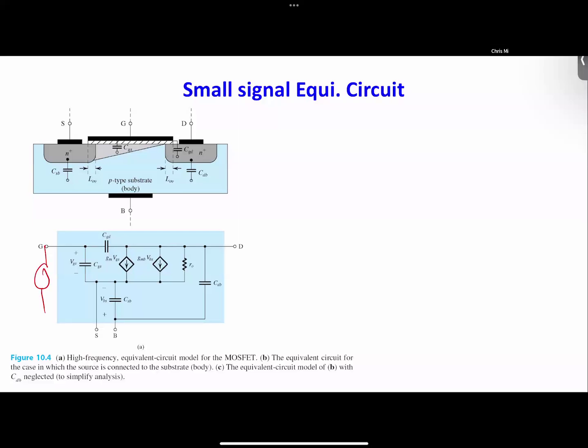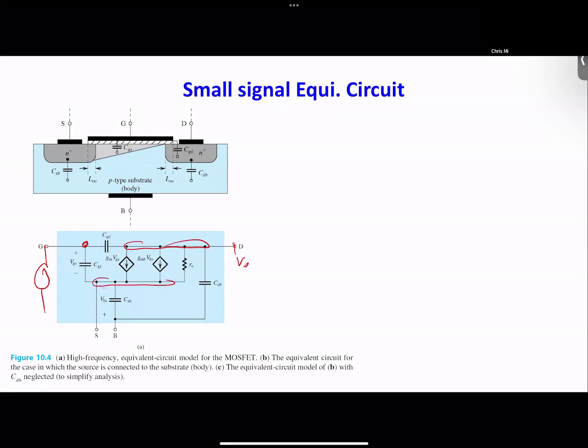If you apply voltage over here, and this is your output VO, you can see that you have one node right over here, one node right over here, and one node right over here. Basically, this is not an actual node because you got a voltage applied here. And if you have a resistance over here, that becomes a node. So you can write three nodal equations, one on here, one on here, and one over here. And you got input resistance, and you can solve for the whole thing.